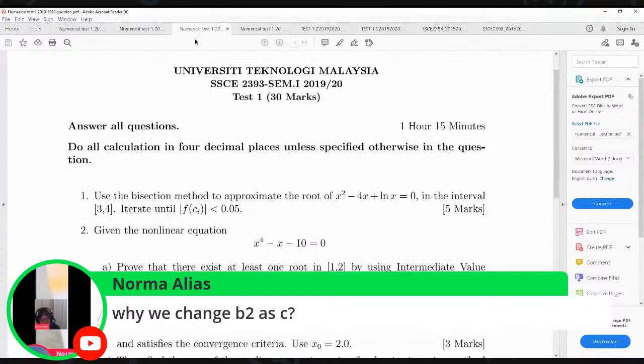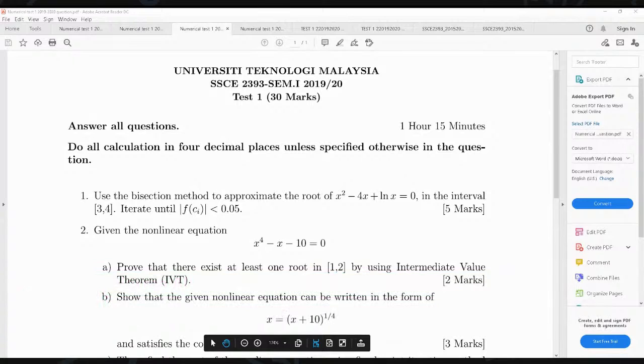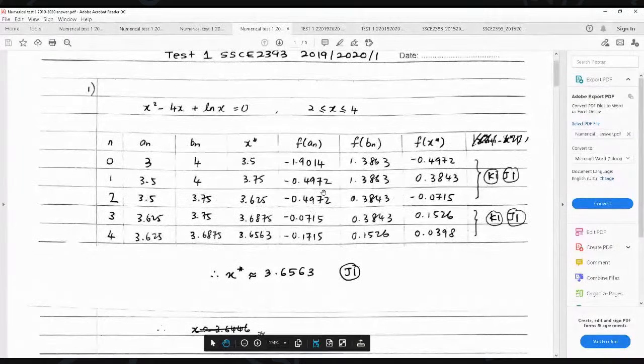You can see here the total marks is 5. So be careful, the total marks is 5. Make sure that your answer is correct to get 5 marks.